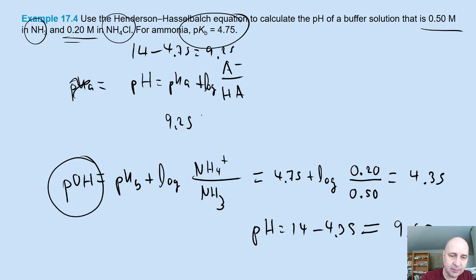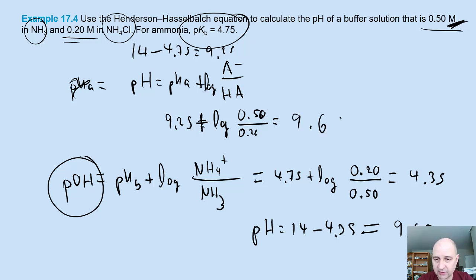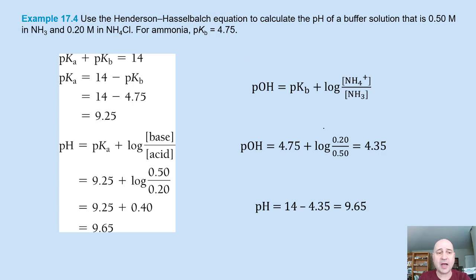That's your pKa, and then plus the log, and the conjugate base would then be 0.5. So this is reversed. This is the base over acid, 0.50 divided by 0.20, and you get an answer of 9.65. No problem, right?